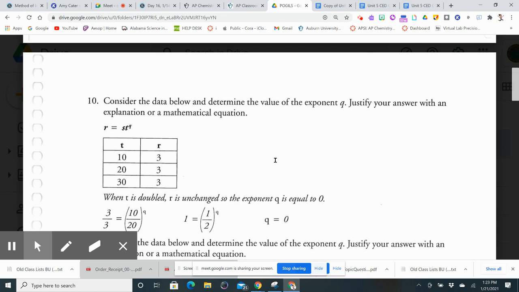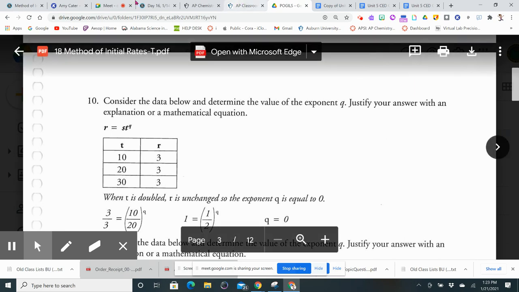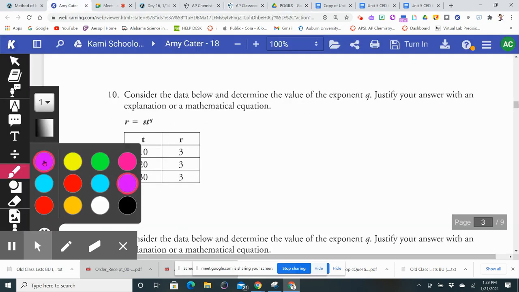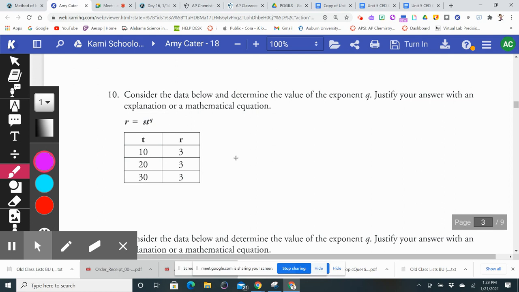Here's kind of the way I would approach that, because I think some of you like to have it all nice and worked out. What I would do is say, all right, R equals S, T, Q. That's for this first set of data. And then I'm going to compare that to the second set of data using the same equation.